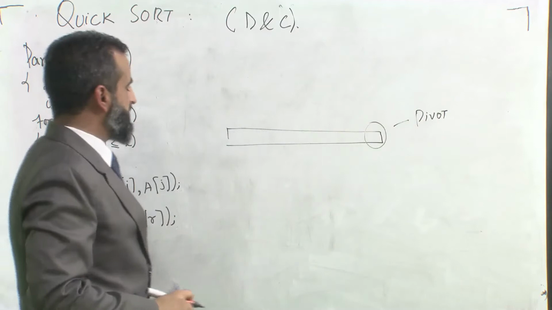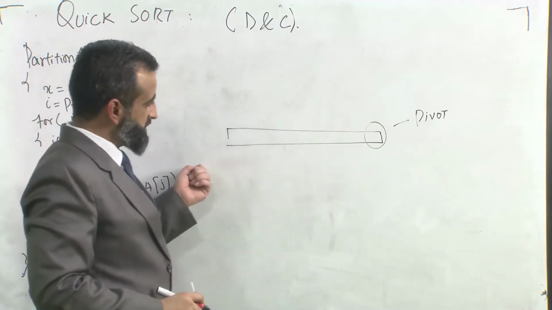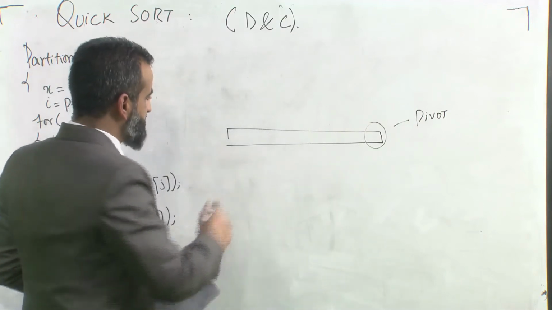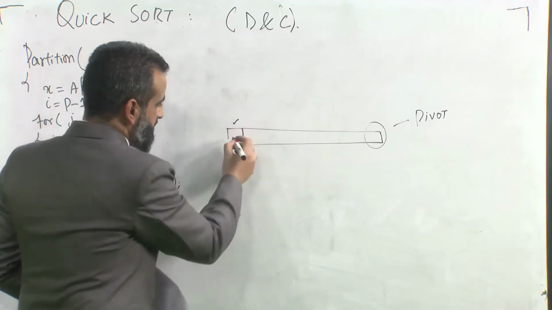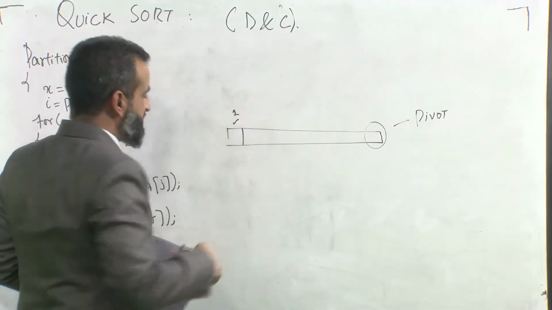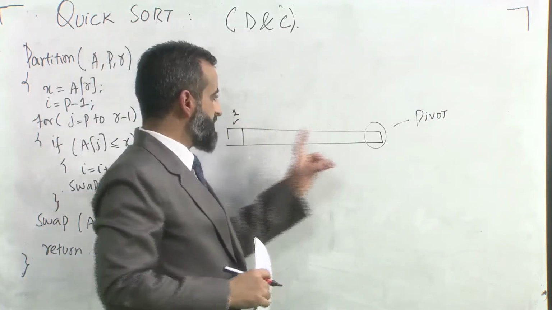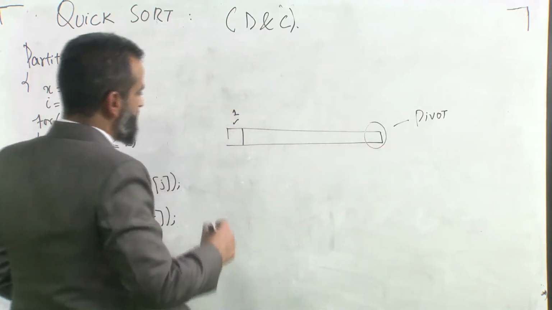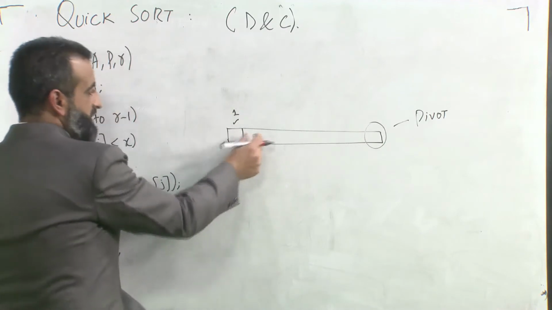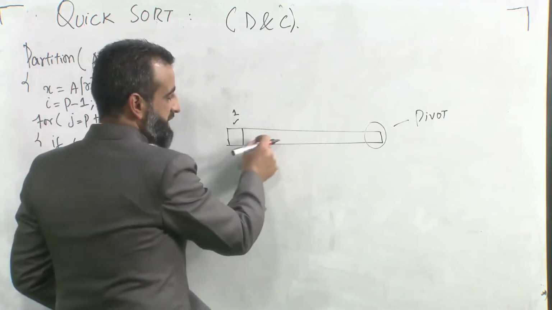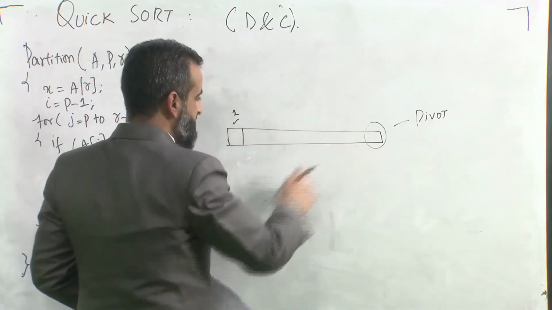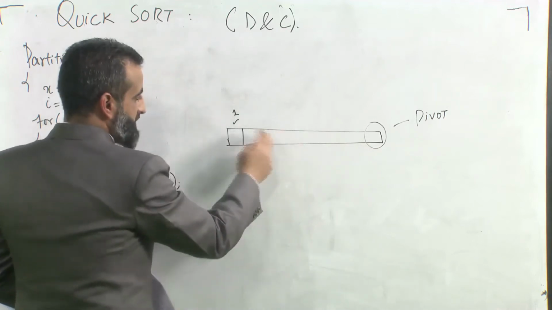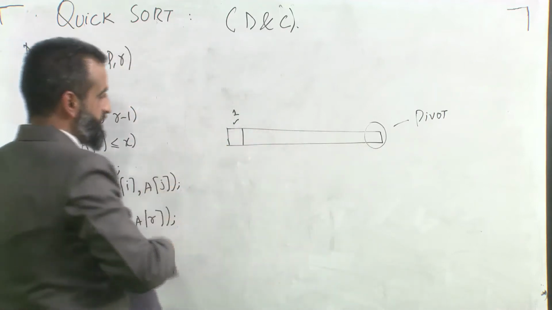The idea is that we'll use two pointers, and we'll start comparing from the first element with the pivot element, and wherever we find an element which is lesser than the pivot, we'll swap that element.